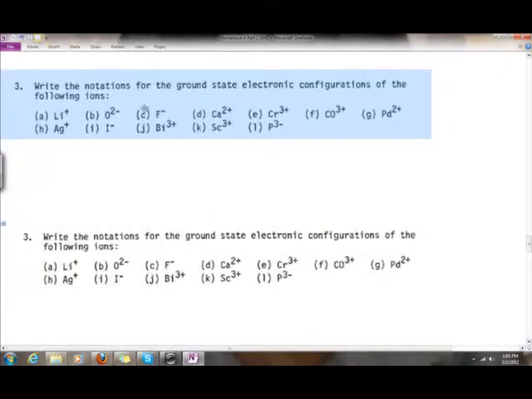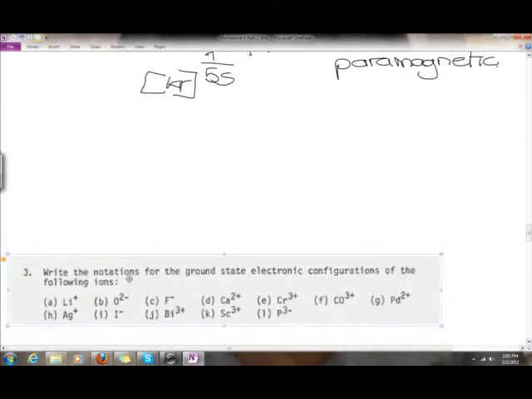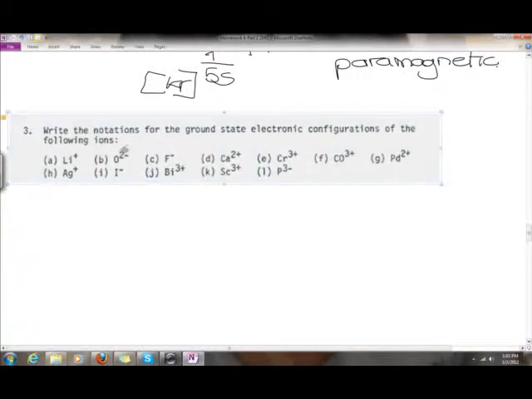Just practice these ones. Now this is kind of the same. My recommendation is to do the diagram first and then start taking electrons to do the charge. So if you have lithium, +1, do the electron configuration of lithium and then take 1 electron.